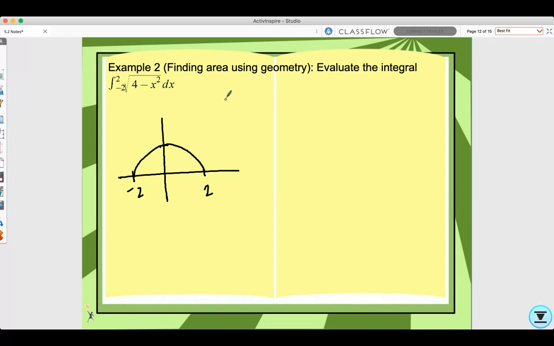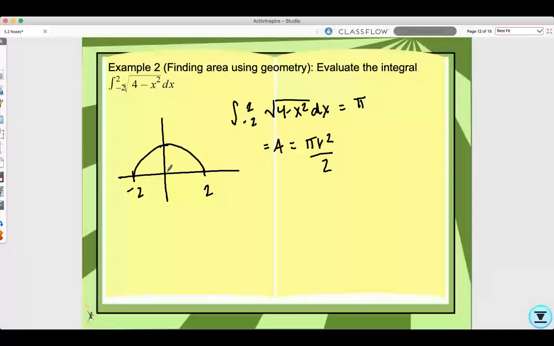So it would just be the area of the semicircle, which is pi r squared divided by 2. My radius, if this is my center, goes out to 2, so pi times 2 squared all over 2, which equals 2 pi.